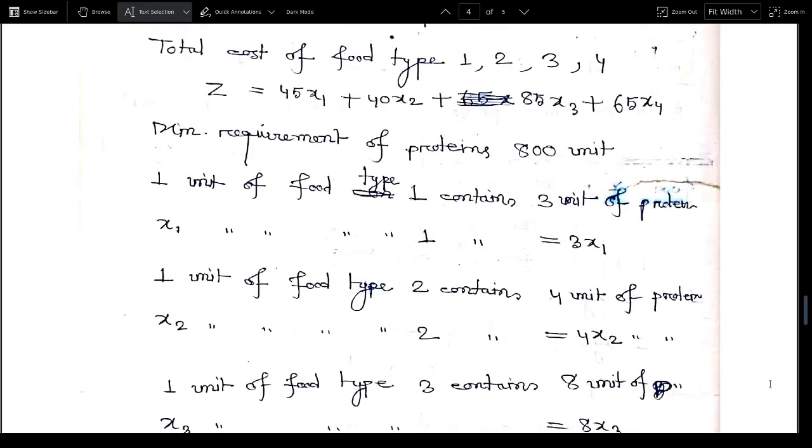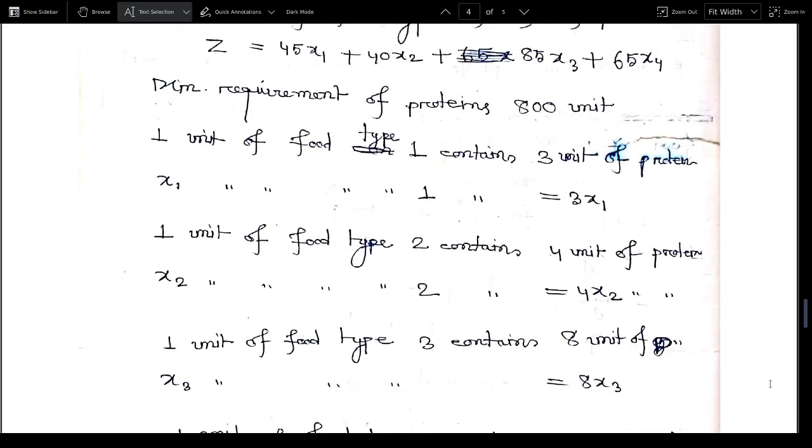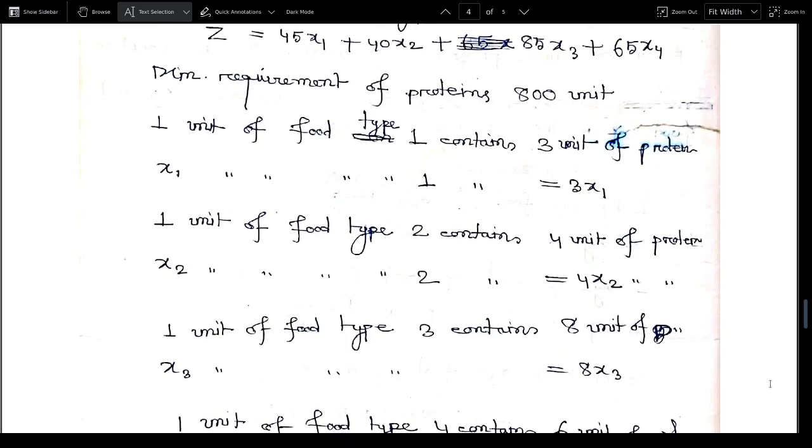So next you write, minimum requirement of the proteins 800 units. For food types, here the proteins: food type 1 is 3, food type 2 is 4, food type 3 proteins is 8, and food type 4 protein is 6, right?